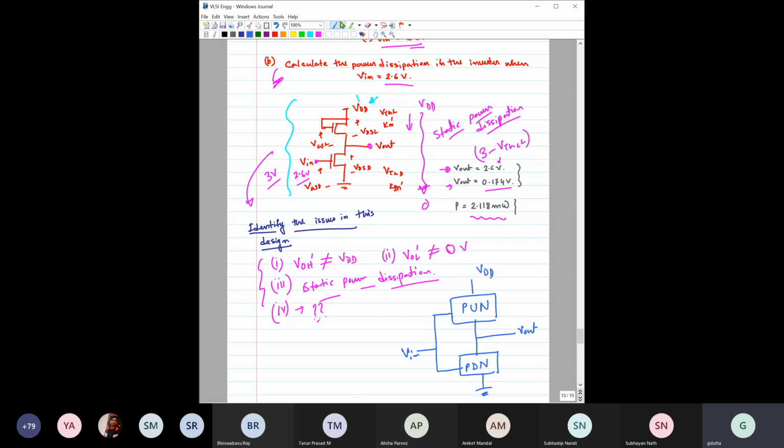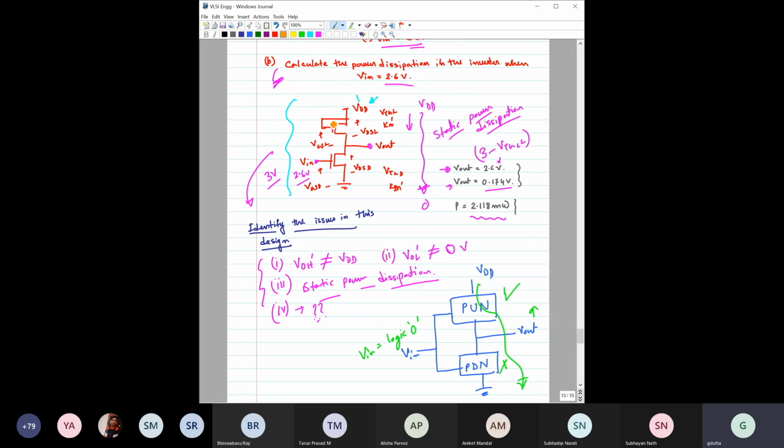So the idea is when you give V in equal to logic 0, you are expecting the output to be high, so it will go and charge. At that time, only the pull up network will be on, and the pull down will be off.